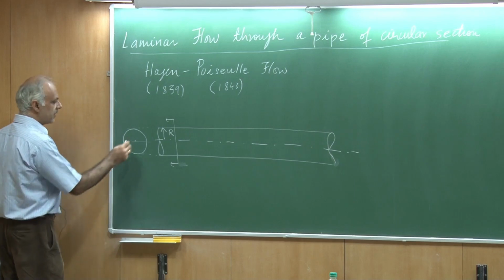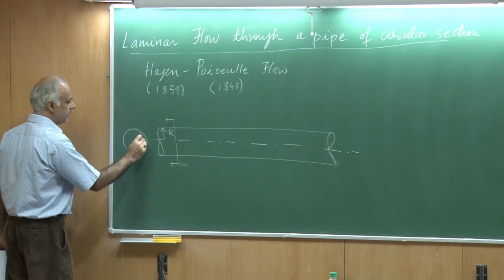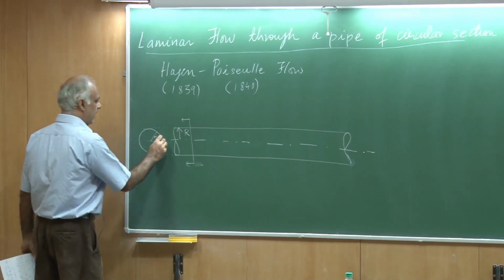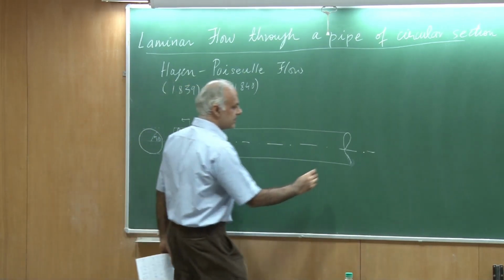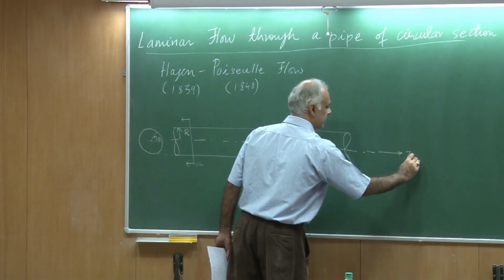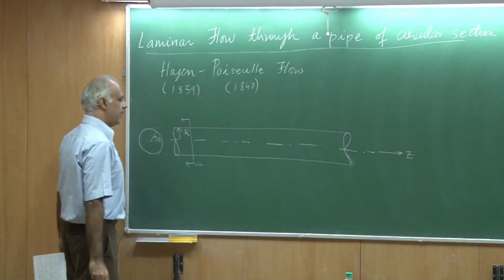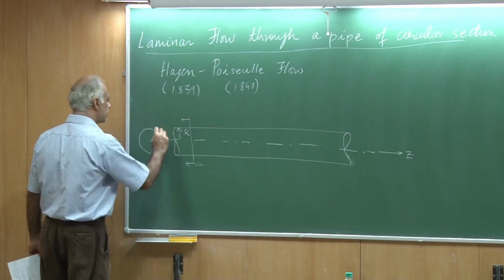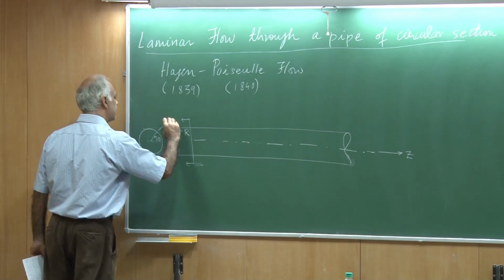Let me set up the coordinates. So this would be the angle theta, and I would like to call this the z axis. Instead of using the Cartesian coordinate system, now we are going to use the cylindrical coordinate system.